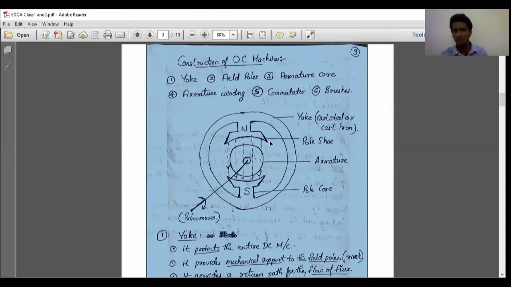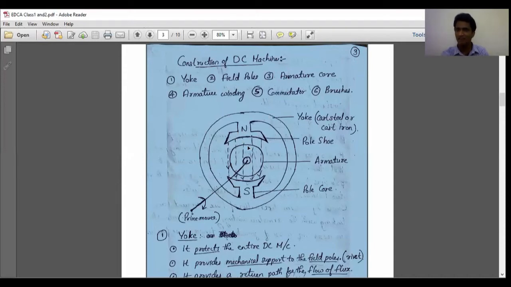Then see the shape of this pole shoe. A curved surface which is almost similar to my armature shape. What is the necessity of this? If it was a rectangular shape, the magnetic field reaching the middle of this armature will not be equal to the magnetic field reaching this side, because the magnetic field has to travel this much distance here, and there it should travel only this much distance.